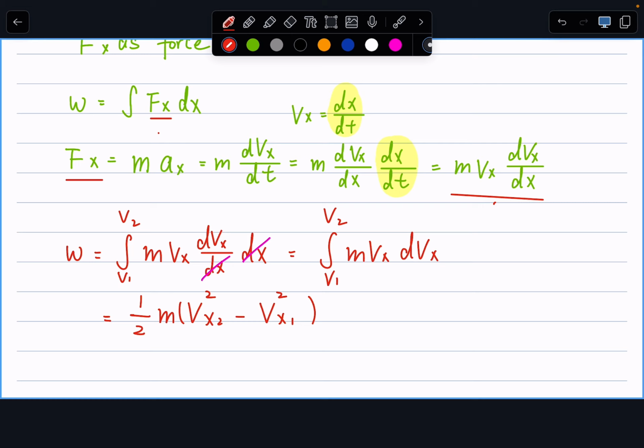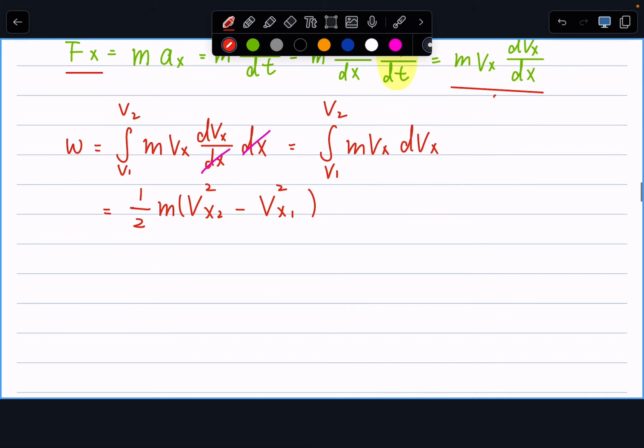Or the other way to put it is the kinetic energy of a particle is defined as K equals 1/2 mv squared, then our work is defined as K2 minus K1.